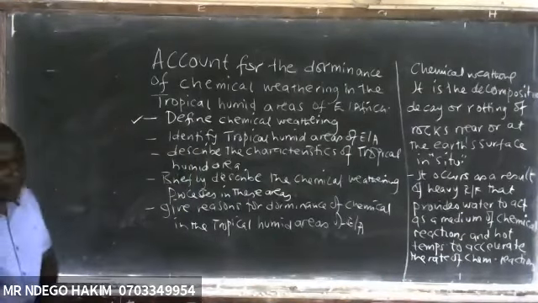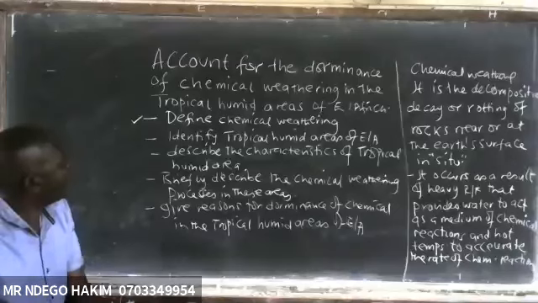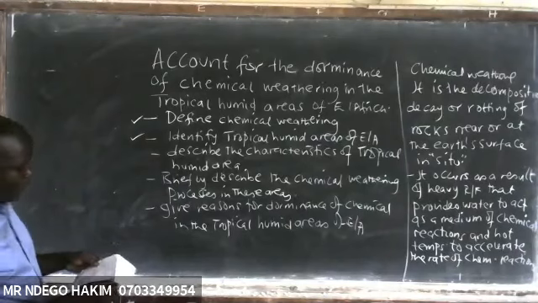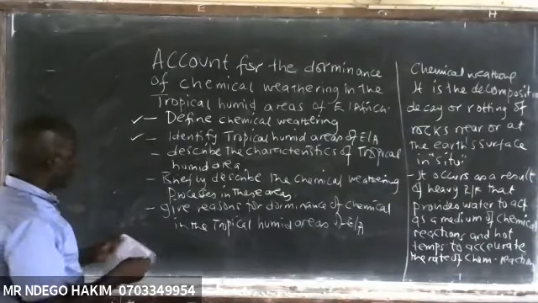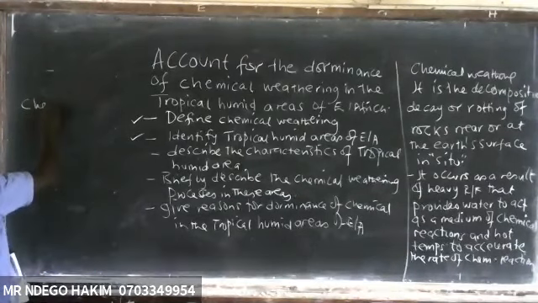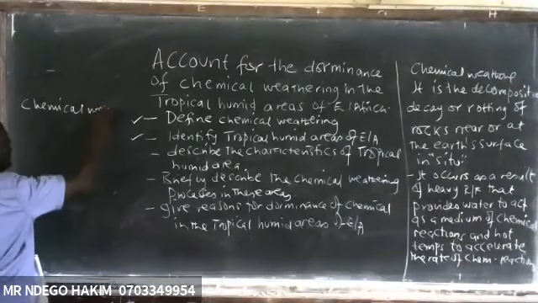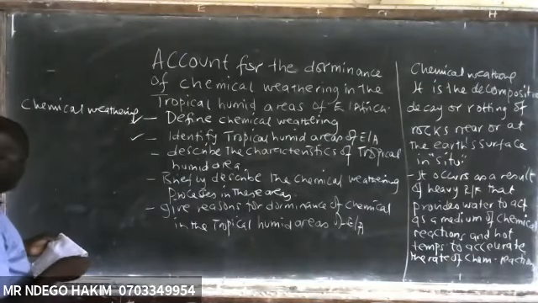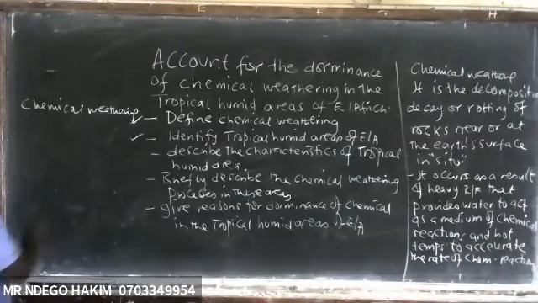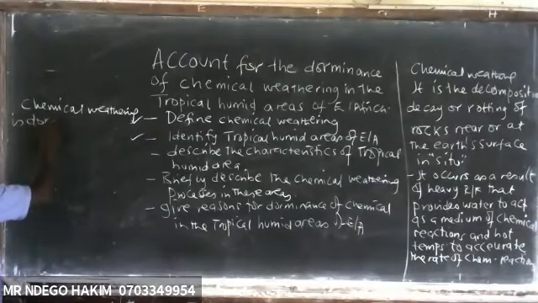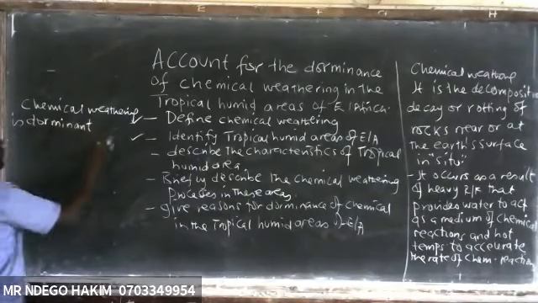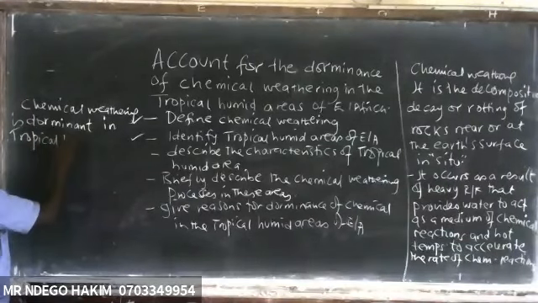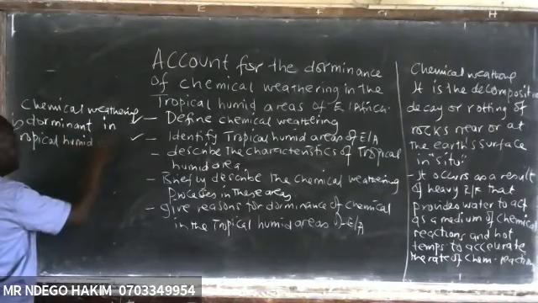Now we are going to identify tropical humid areas. Chemical weathering is dominant in tropical humid areas.